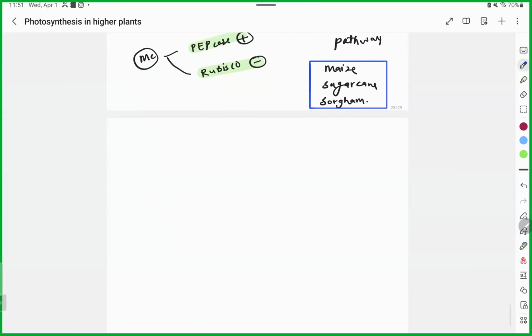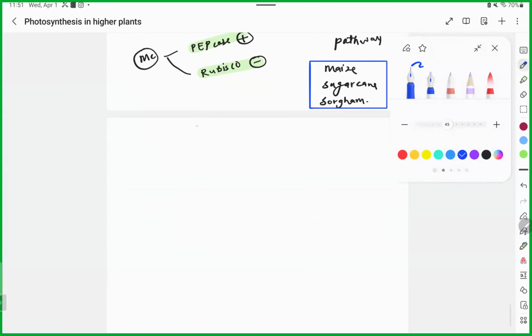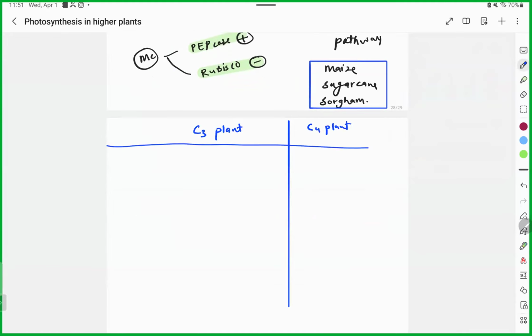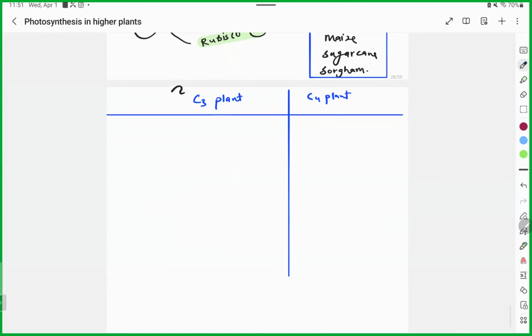And the difference is really, really important. In C3 plants versus C4 plants, what are the differences? The difference is extremely important. If you don't understand the difference, trust me, you don't know this topic. For example, in C3 plants, if you talk about cells, here you have the mesophyll cell. Here you have the mesophyll cell plus the bundle sheath cell. Correct?